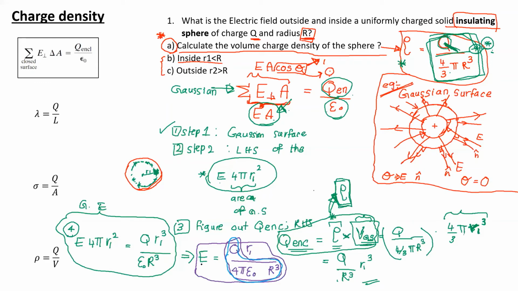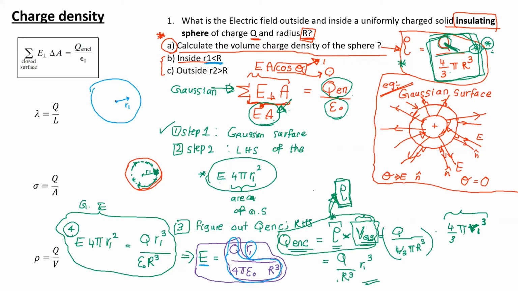So we can see that E varies with, or changes with, R1. R1 is the distance from the center to some location inside your sphere, right? So R1 is inside your sphere.